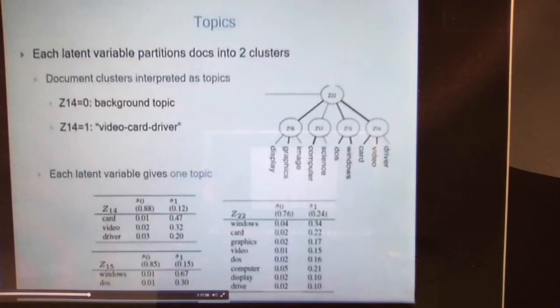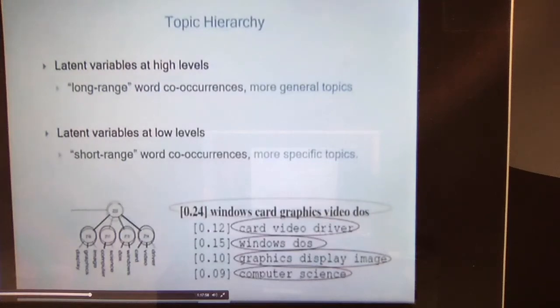And then each latent variable is actually a multi-domain cluster variable. Each one partitions the documents into 2 clusters. One cluster is interpreted as the topic, and the other is interpreted as the background. For example, Z14 gave us this topic, which consists of 12% of the documents, and Z15 gave us this topic, which consists of 15% of the documents. Variables at high levels capture long-range word co-occurrences, so they give us more general topics.